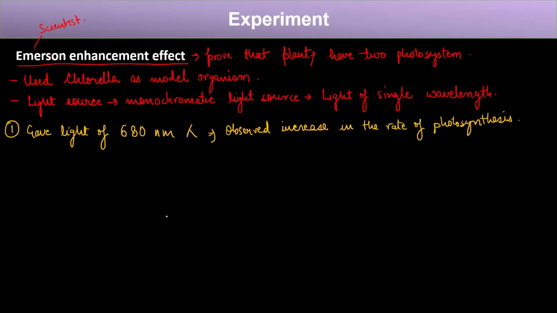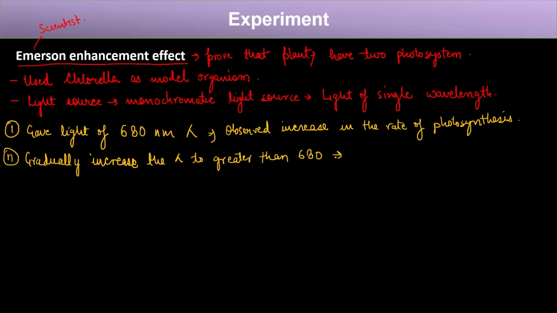Now, in the second experiment, when he gradually increased the wavelength to greater than 680, say 685 or 690, he observed a drop in photosynthesis.